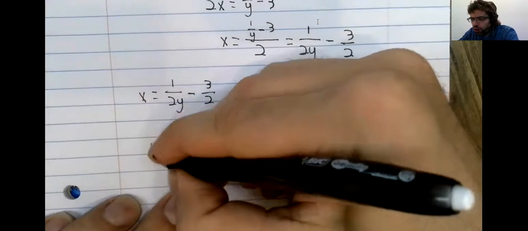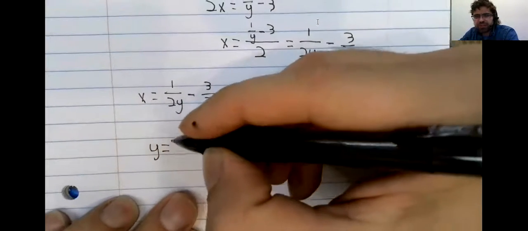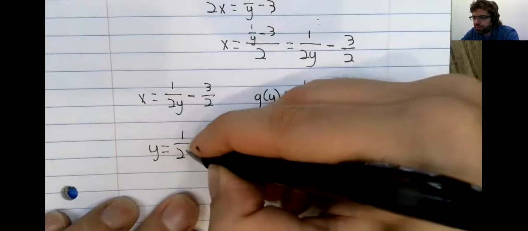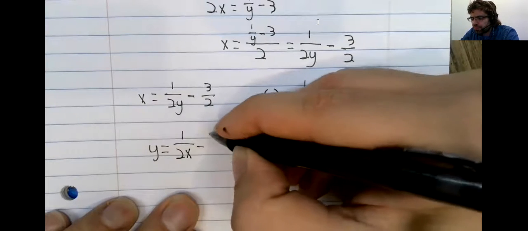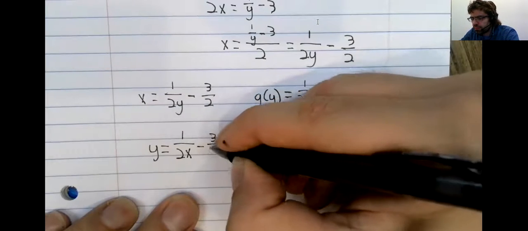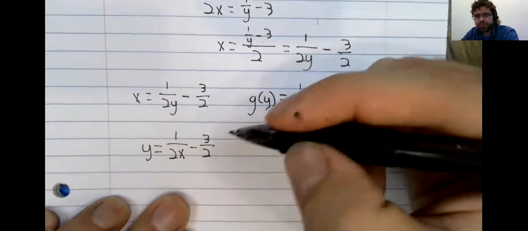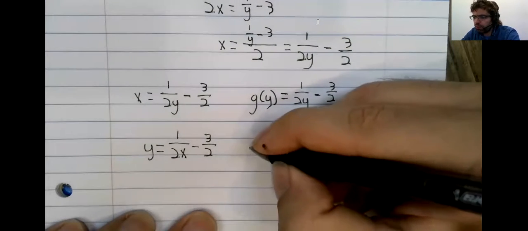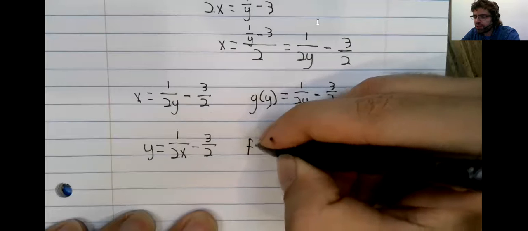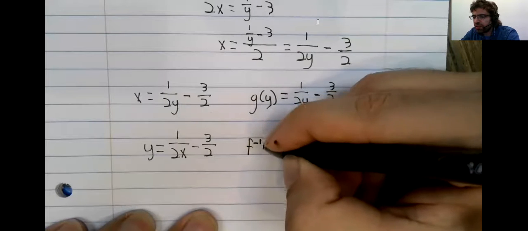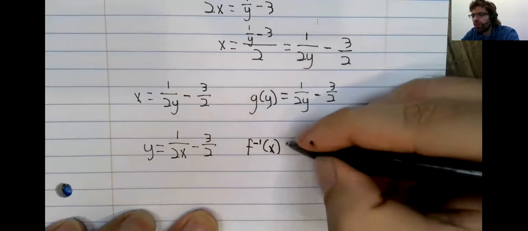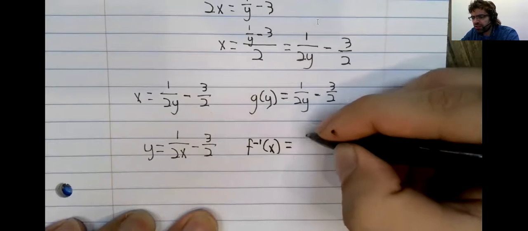So all that this last step does is switch our variables so that we can write f inverse of x.